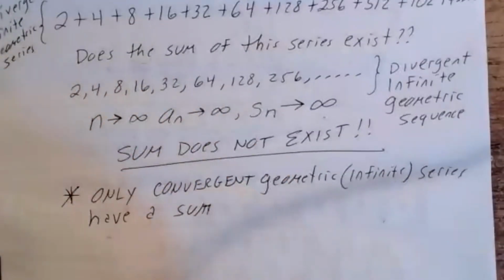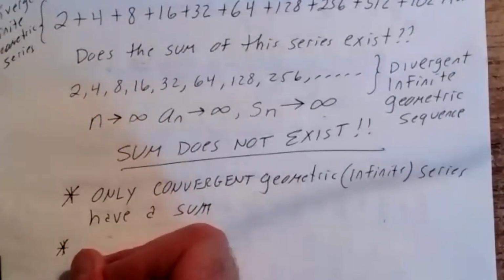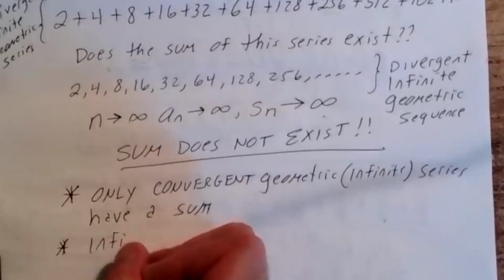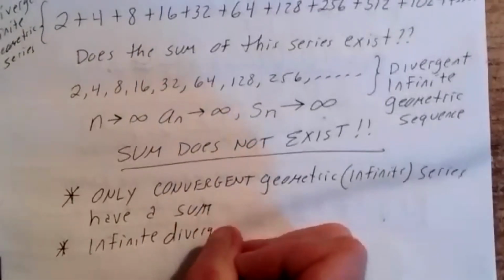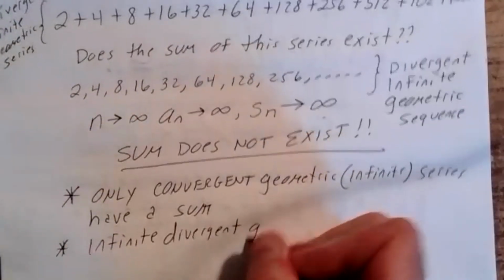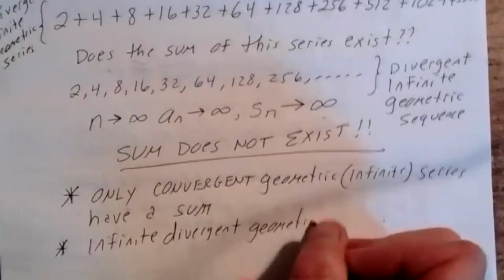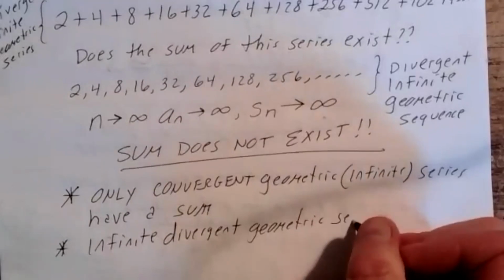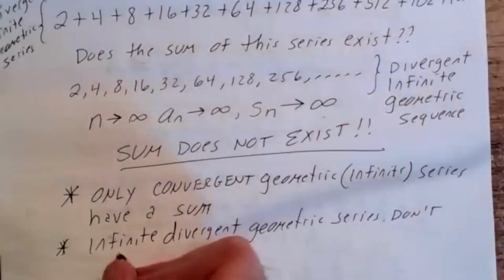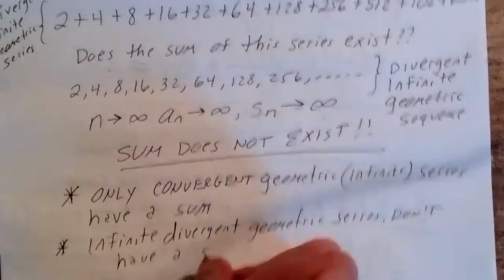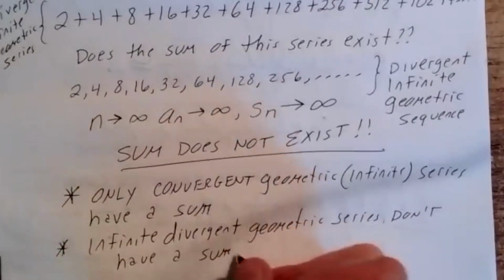Divergent infinite series do not have a sum.